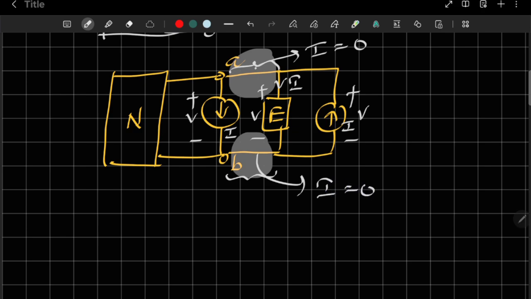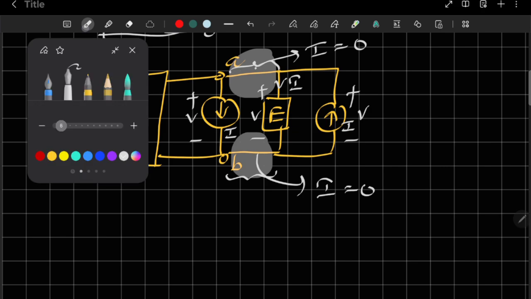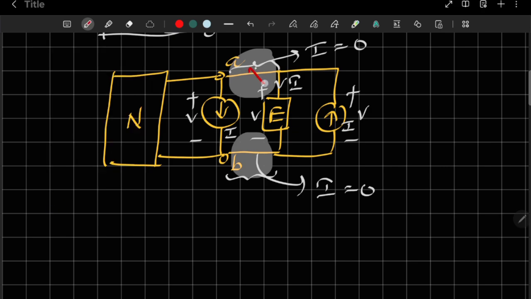Because of this, is there any effect on the branch voltages and branch currents? No. Previously, you had the element here, with voltage V across it and current I passing through it. Now also the same thing is happening, but in place of the element, you have the current source. That's it. Because nothing is going in this area and this area, we can cut them, for example, take scissors and cut this one and this one.